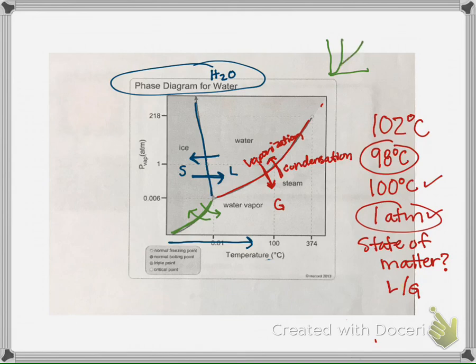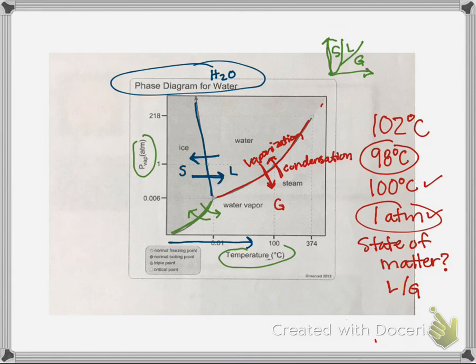It's always solid, liquid, gas. Solid hugs the y-axis. Your gas is hugging the x-axis, and the liquid is going to be in between that wishbone. Also be able to know that any changes in temperature or pressure can affect where you are and which way you're going in terms of a phase change.